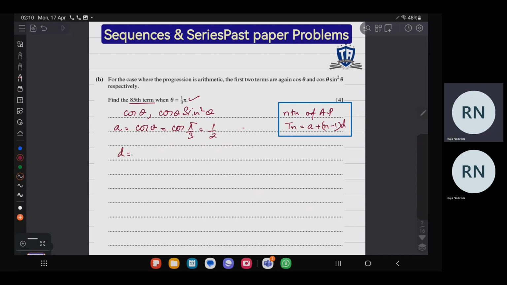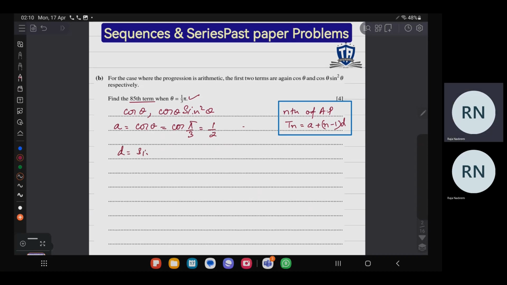The difference would be equal to sine square theta cos of theta minus cos of theta, and when you take cos of theta common, it is cos theta into (sine square theta minus 1). Again, we use the identity sine square theta plus cos square theta is equal to 1.